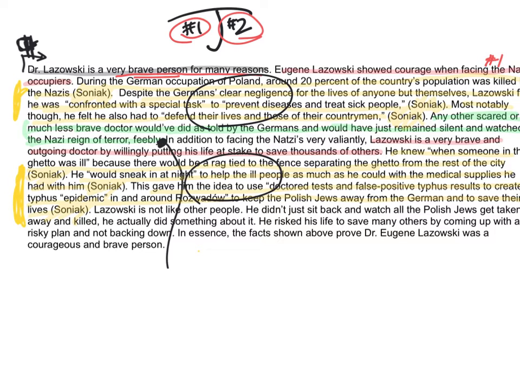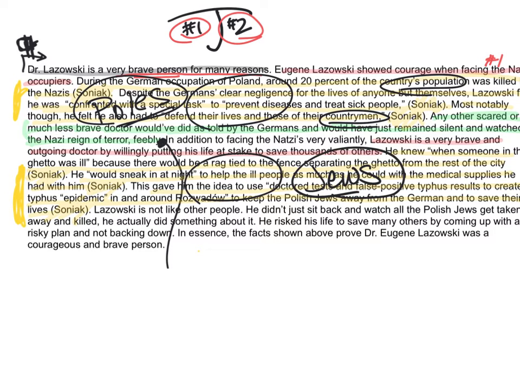Okay. The facts in number 1 really seem to be focused far more on the Poles, which means, yes, the Jews, but also the Polish people more generally. So this is focused more on Polish citizens. This is focused more on the Jews.